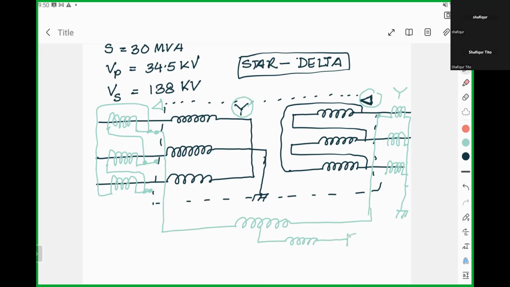Let us do it in this way. Similarly, I will do the other coils, the other branches, the other phases. For the other lines, we will connect it here.